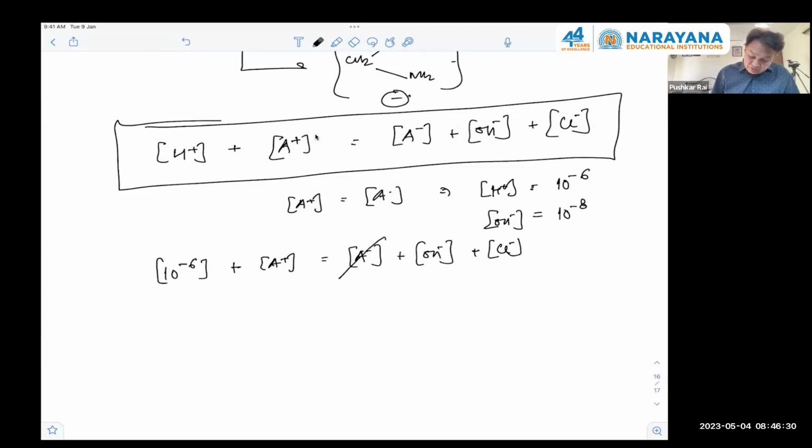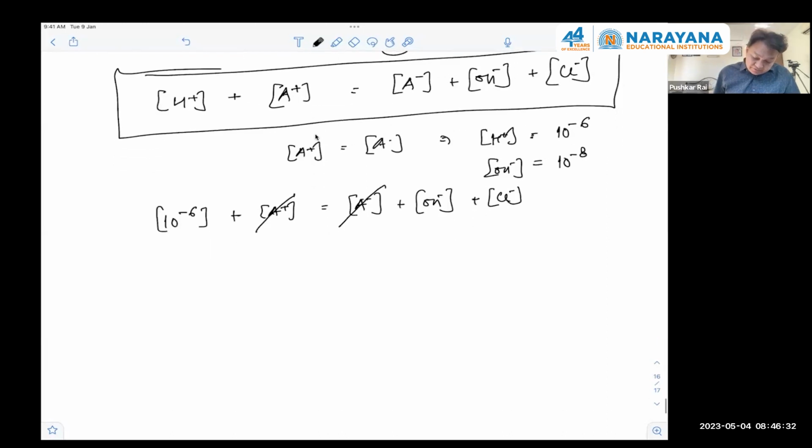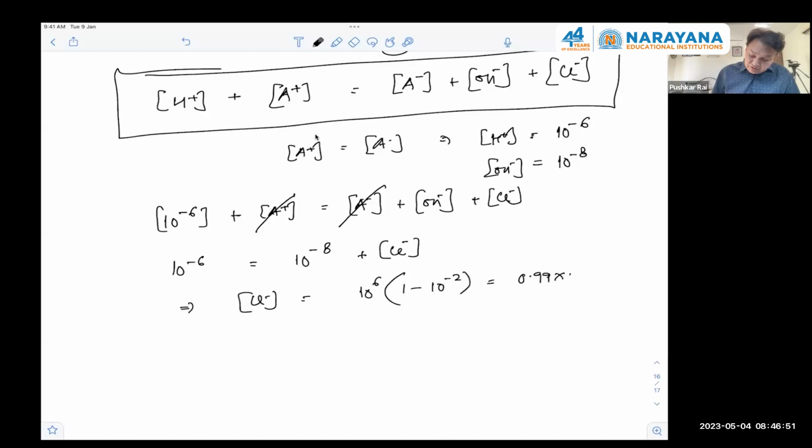Now this is going to cancel. So you are left with 10 to the power minus 6 equals 10 to the power minus 8 plus Cl minus. This gives the Cl minus concentration as 10 to the power minus 6 times (1 minus 10 to the power minus 2), which is 0.99 into 10 to the power minus 6. This means Cl negative at equilibrium is 0.99 into 10 to the power minus 6 M.